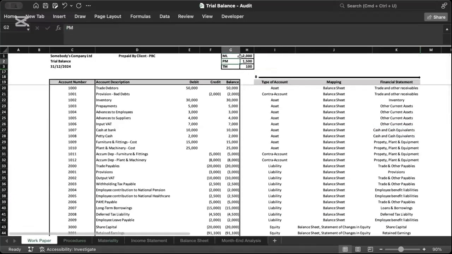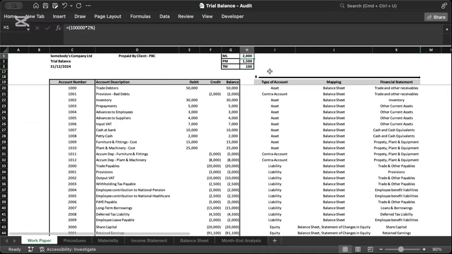So you can see here the materiality, performance materiality and trivial. If I find a difference of $100, I'm not going to investigate it because this is so trivial, it will not change the users' decisions on the financial statements. But performance materiality, this we have to investigate.